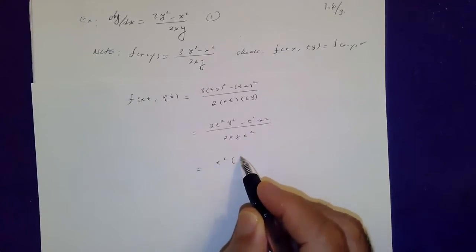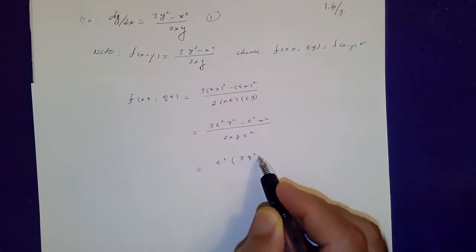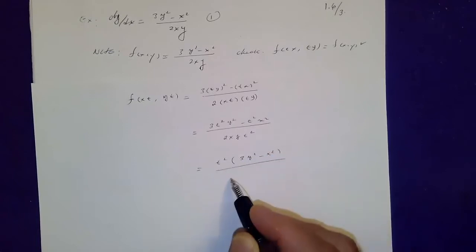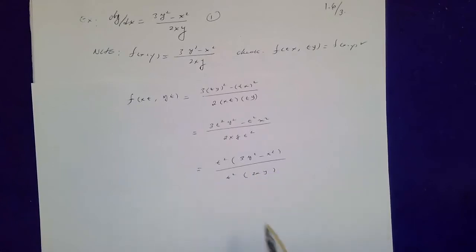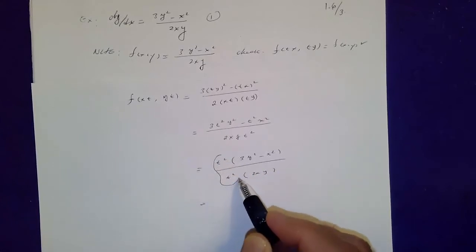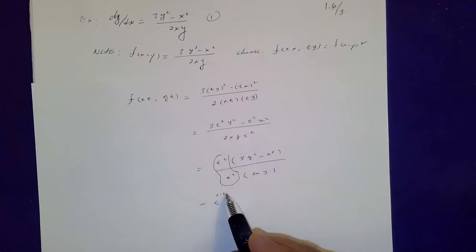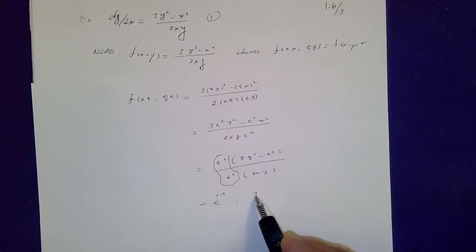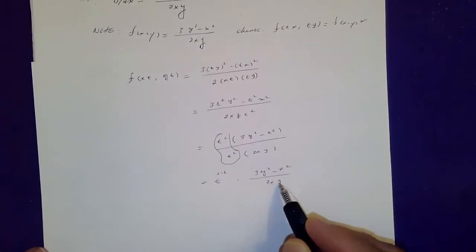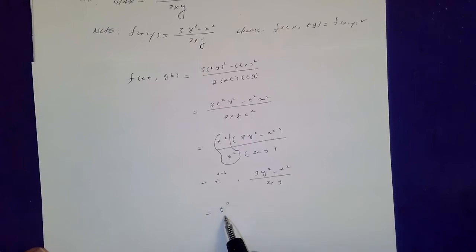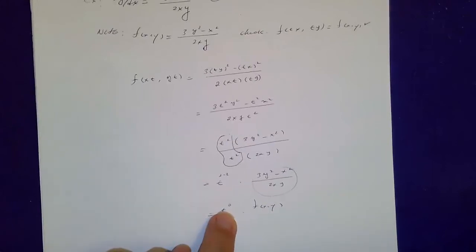Factor out the t squared from the top, and you get t squared times (3y squared minus x squared) over t squared times 2xy. Notice when you divide t squared by t squared, you get t to the power of 2 minus 2, and then you get (3y squared minus x squared) over 2xy. So that will be t to the power of 0. Do you see it? And this is the function itself. So this is a homogeneous function of degree 0, because these cancel. Correct?